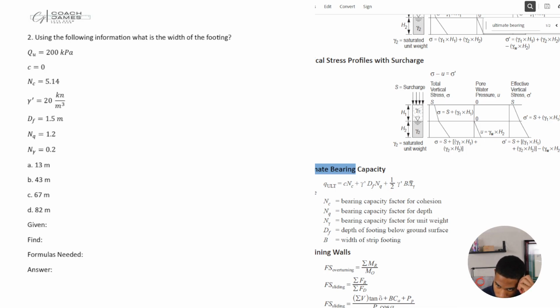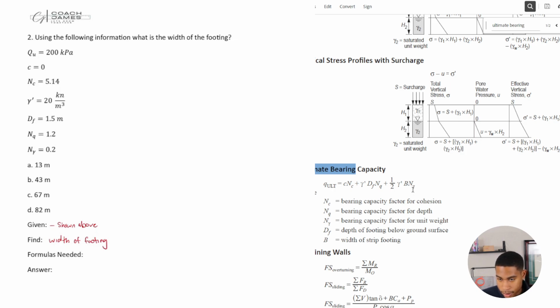And in y, we're given ny to be 0.2, right? So, all right, let's write out our given information. Well, I'm not going to rewrite all that. Shown above. We're trying to find the width of the footing.